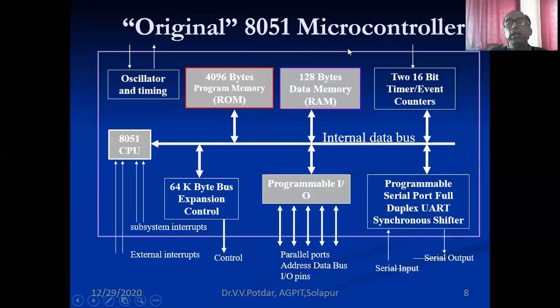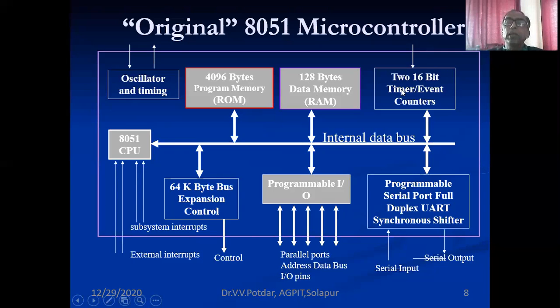The original 8051 microcontroller has an oscillator with a timer, then program memory, ROM, and data memory, RAM: 128 bytes of data memory and 4096 bytes of program memory.